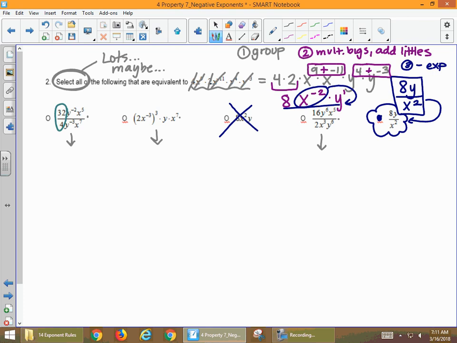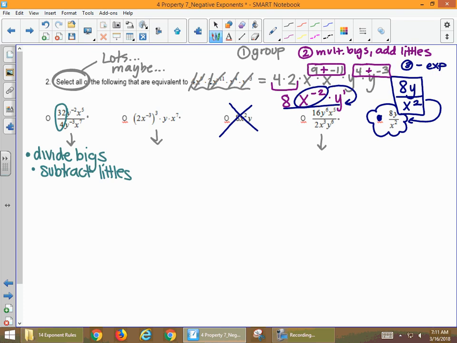So when we have a stacked fraction like this, we're going to divide our bigs and subtract our littles. So that's how we're going to do this one and the one there by our first answer that we picked.